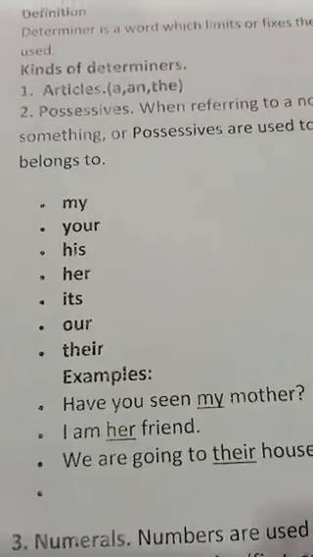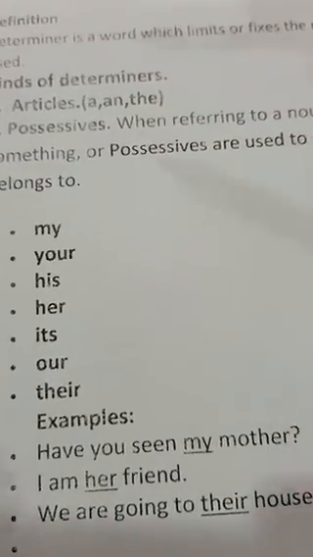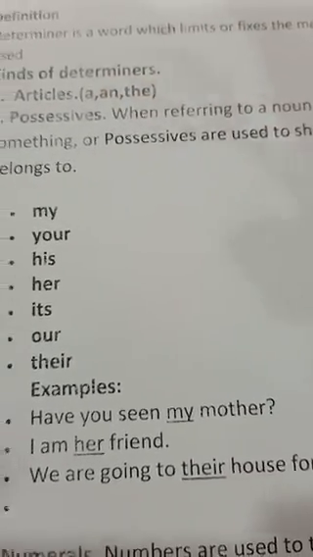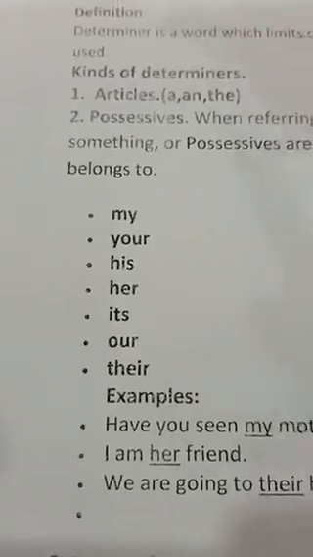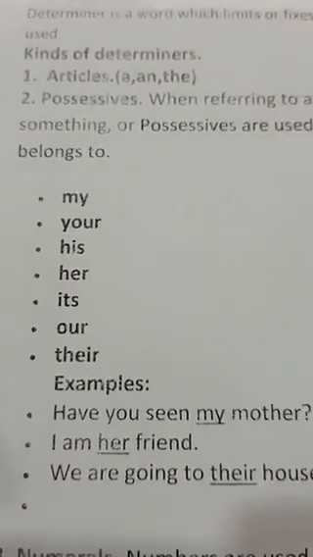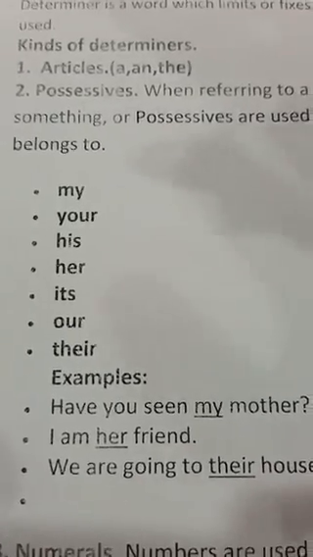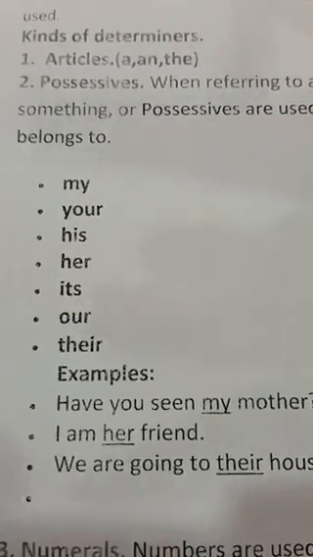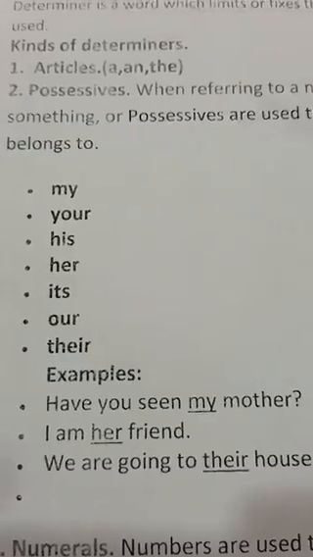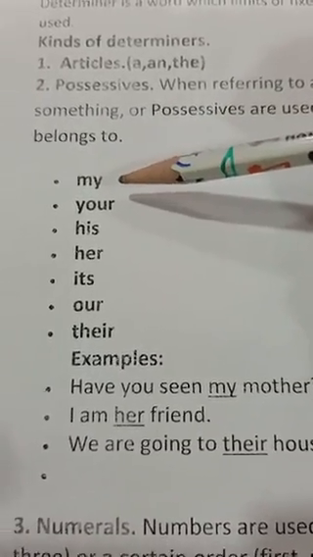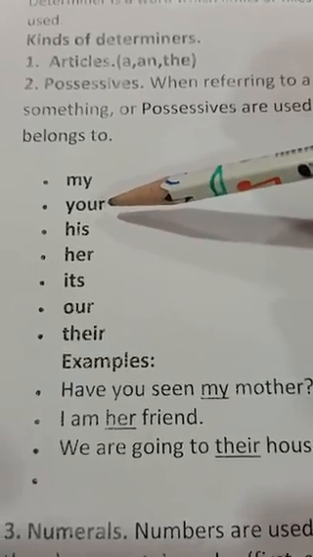Now moving towards the second category of determiners, your possessive. Possessive refers to a noun that belongs to someone or something. It reflects that a thing or a noun belongs to someone. Example: this is my house, this is your pen.